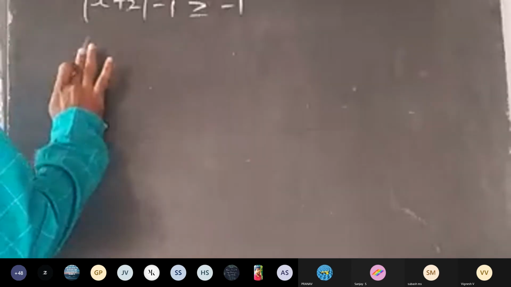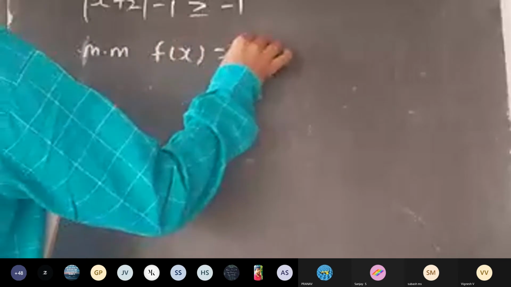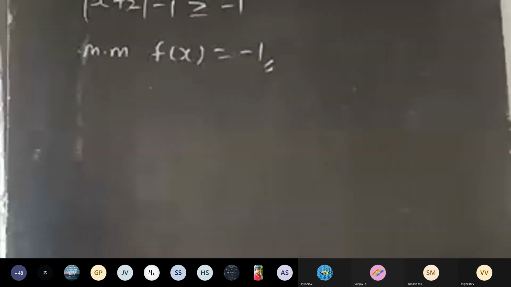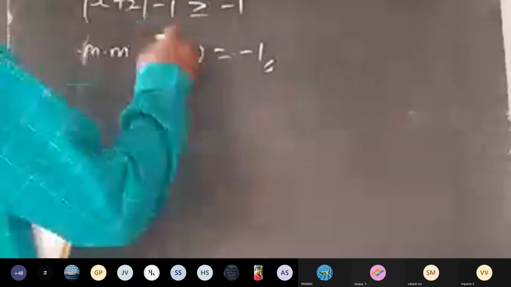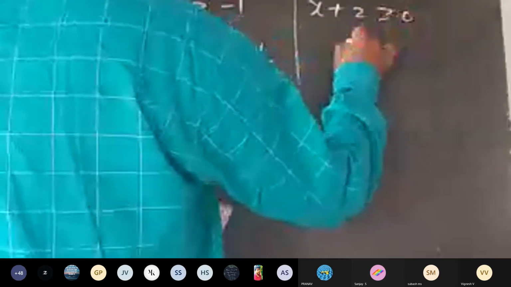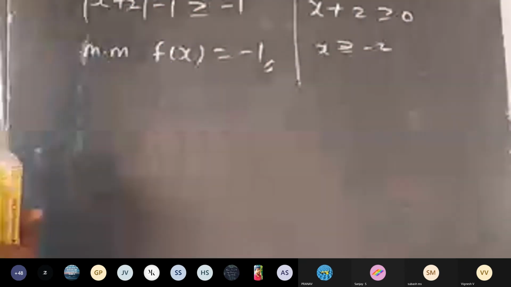So here the minimum f of x is equal to minus 1. One more condition is also there. If you want, you can find x plus 2 greater than or equal to 0. x is equal to minus 2.